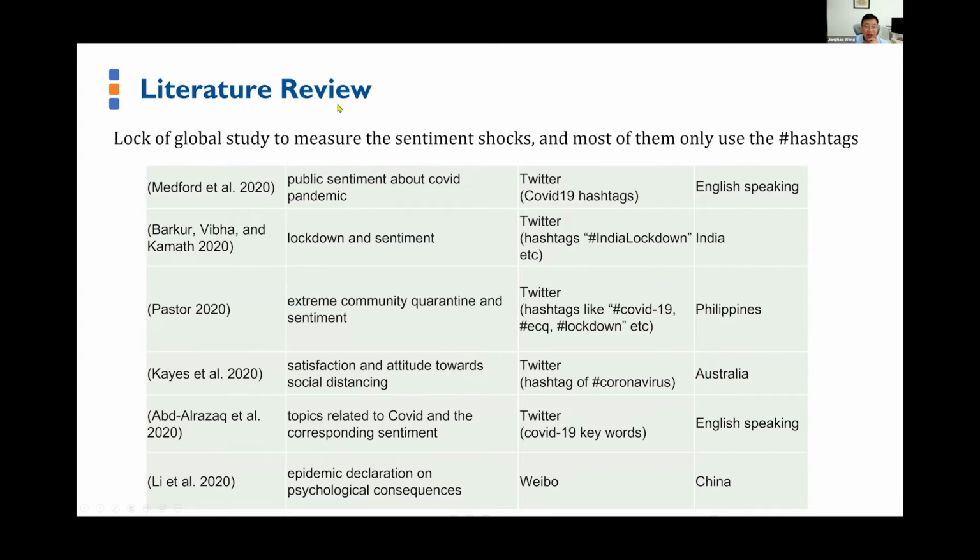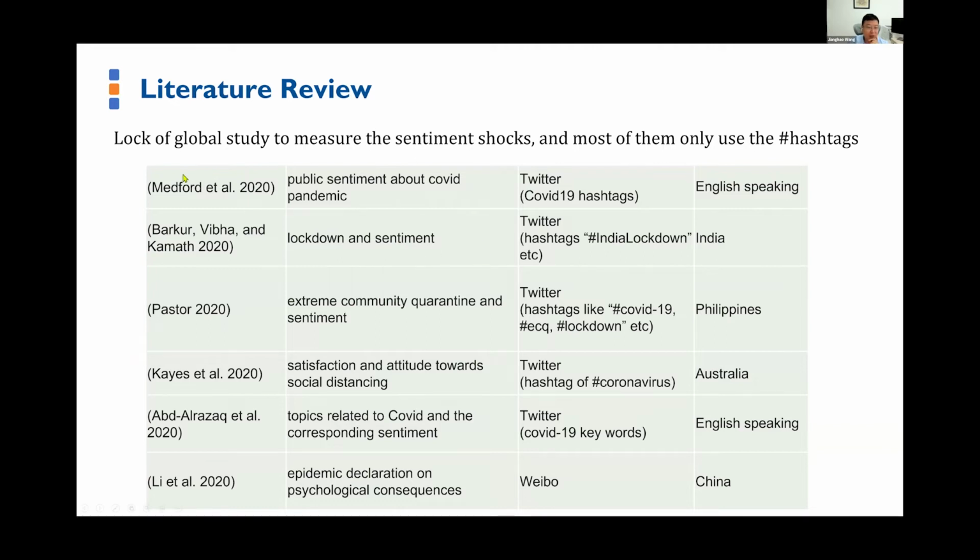Before we conducted this, we did some literature review. As we saw, there are tremendous numbers of studies using social media to study the impact of COVID on people's mental health. But there are also some shortcomings. I think the main innovation of our data is that it has global coverage, and we have a state-of-the-art natural language processing algorithm to measure public sentiment.